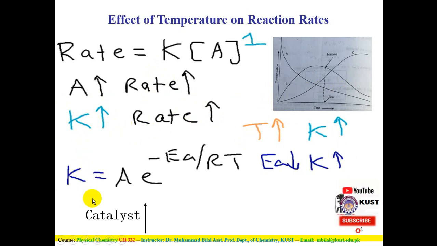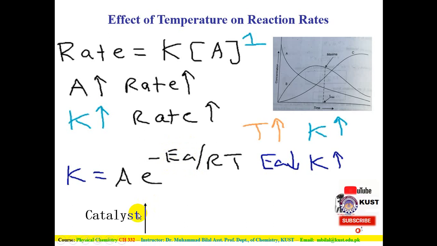Also, the rate of the reaction is affected by activation energy. The lower the activation energy, the higher the rate of the reaction, and the higher the activation energy value, the lower the reaction rate. Next one is the catalyst. So a catalyst actually decreases the activation energy.